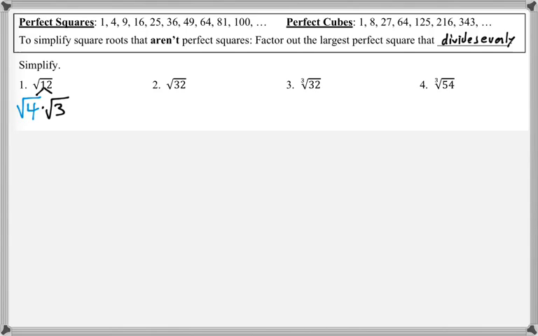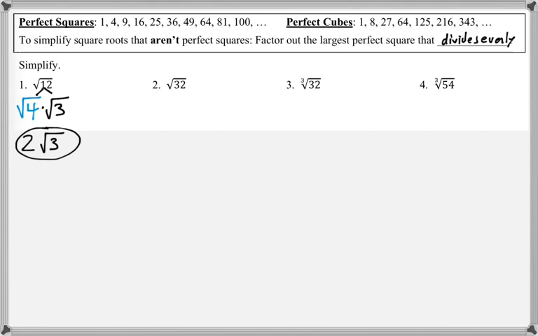So then my next step is to actually take the square root of that perfect square. So the square root of 4 is 2 without a radical, and then I still have that square root of 3. So this is the exact value simplified of square root of 12. If you were to take the square root of 12 on your calculator, you would get a decimal, but that decimal is just an approximation of this.